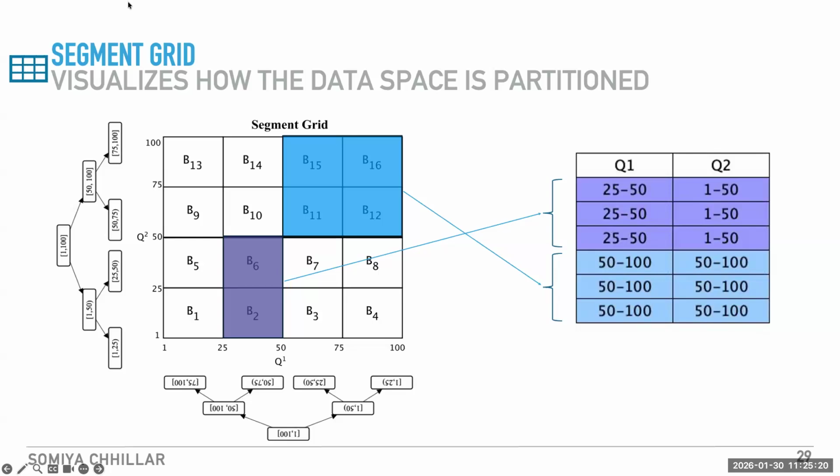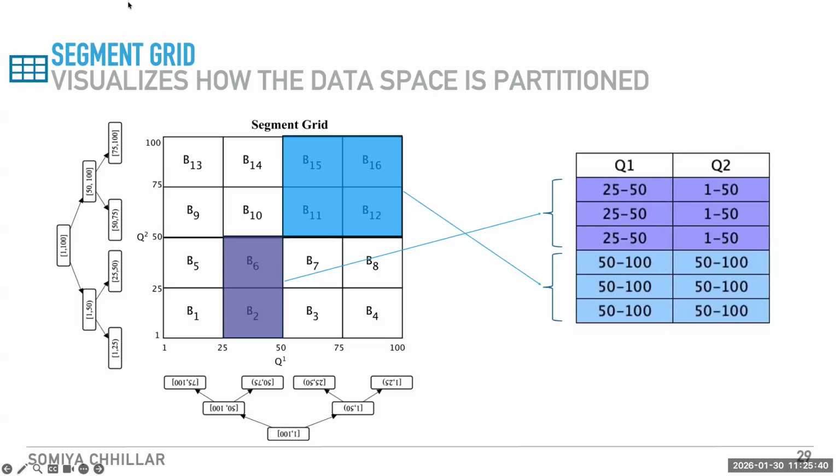Since these correspond to generalizations, we can also merge them to form bigger buckets or bigger intervals. For example, the purple box that we see has been merged along attribute 2, so now it represents the bucket 1 to 50 along attribute 2.